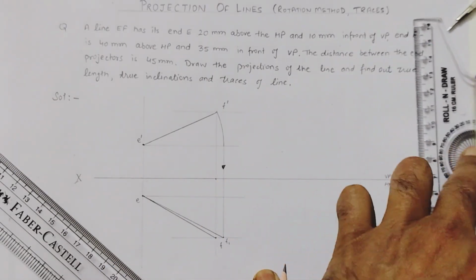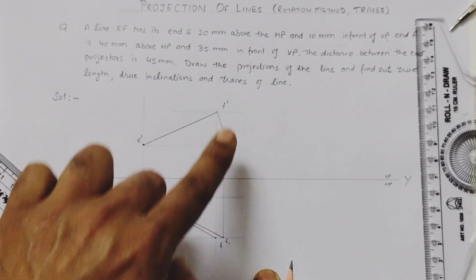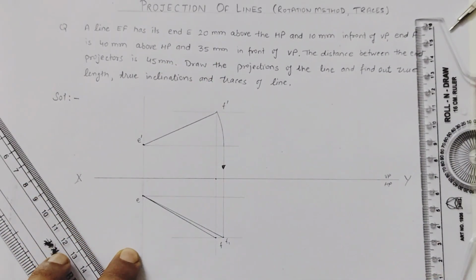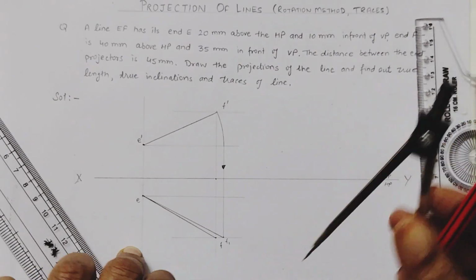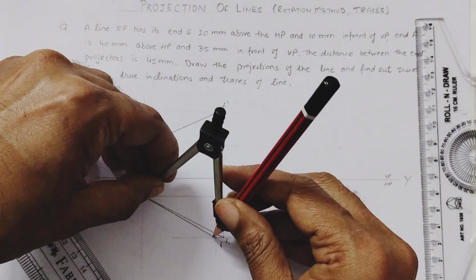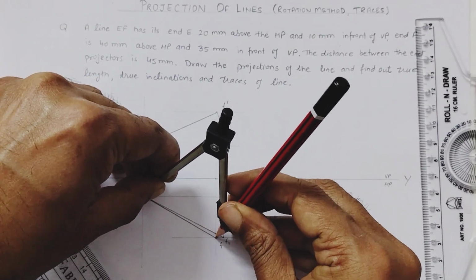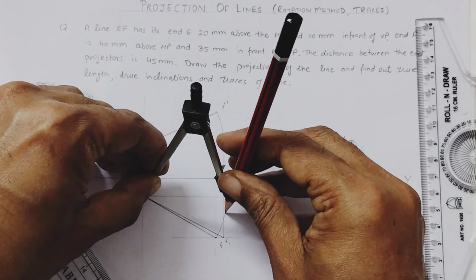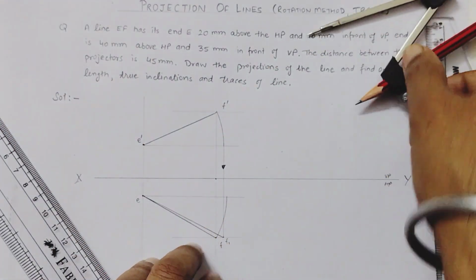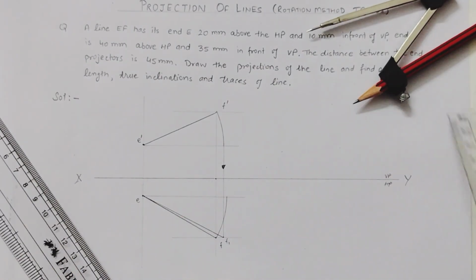Because we have to find the inclination also, for that we have to find the true length in the front view also. For that purpose, rotate the projection in the top view from this point, or we can say make this projection parallel to XY. Again repeat the procedure.